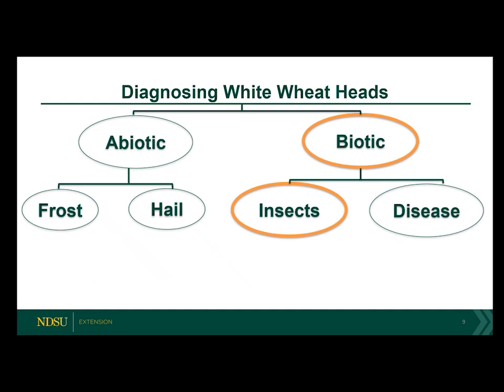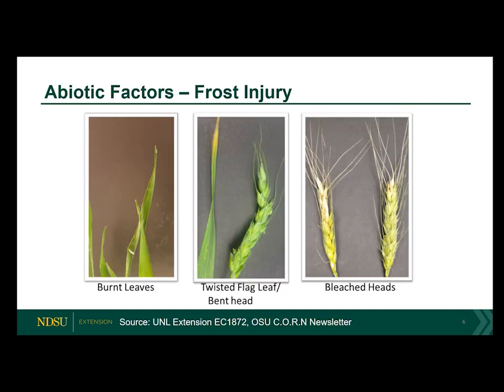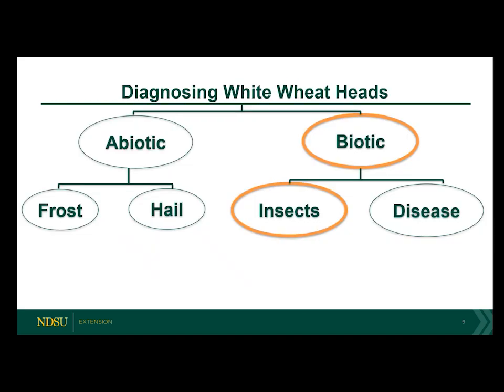We also could have hail for abiotic. That's pretty simple, so I'm not going to go through hail, but usually it's the subtler cases of hail where we could see those bent or twisted plants, as in these pictures.